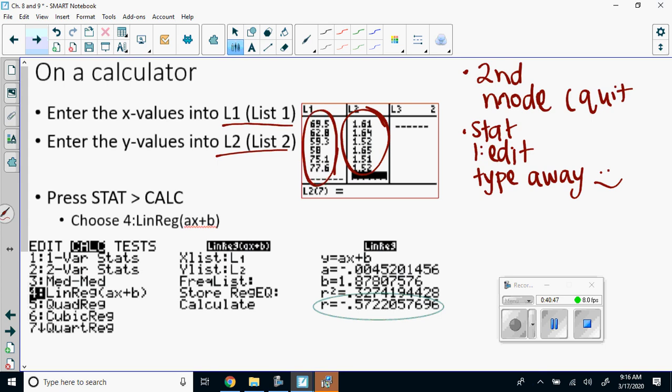If you need to clear out a previous list, remember you can arrow up, so you're highlighting L1, hit clear, and then arrow down. Do not hit delete. If you hit delete, it will delete that list completely, and then you have to reset your calculator. Okay, so I'm typing in my list.